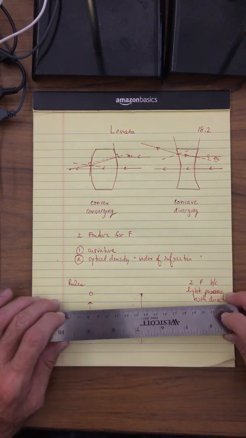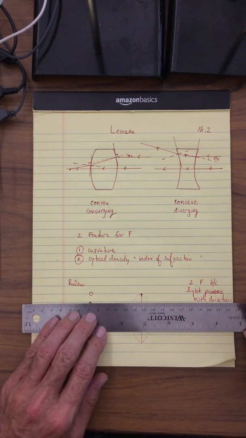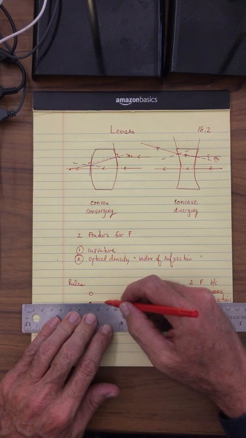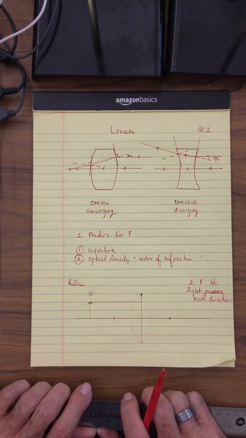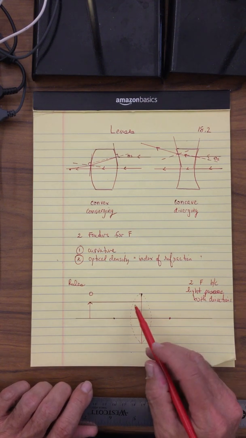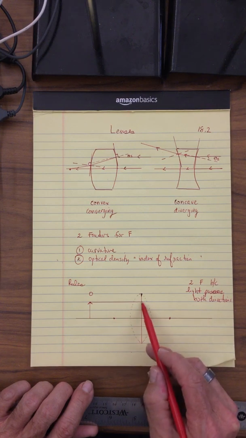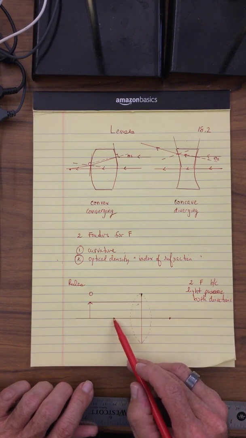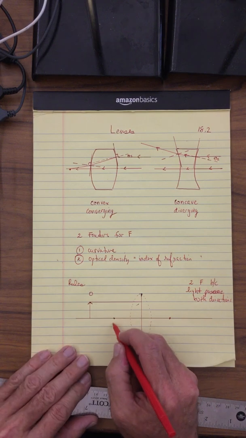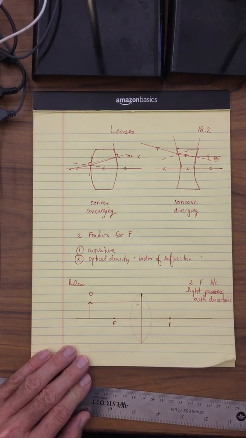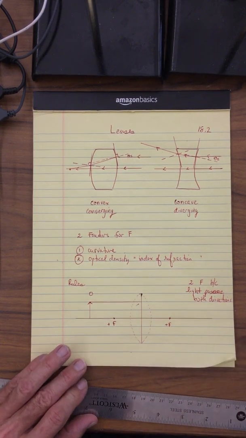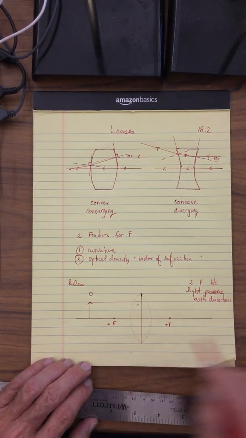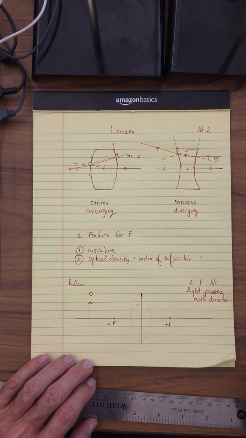So the first rule is rays that come in parallel are going to do what? Now this is just like the mirror. They're going to exit through the focal point. If this was a mirror though, this would then reflect and go down through this point right here. So here's the focal point here, and here's the focal point here. And in lenses, the focal point for convex lenses is going to be positive.